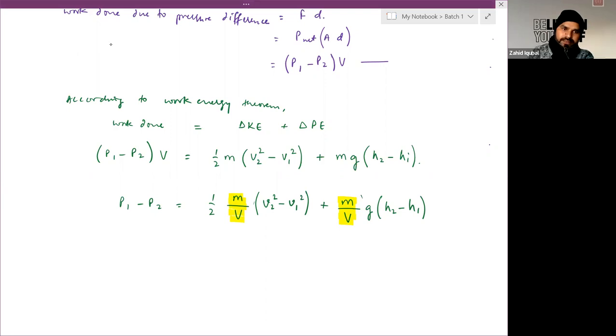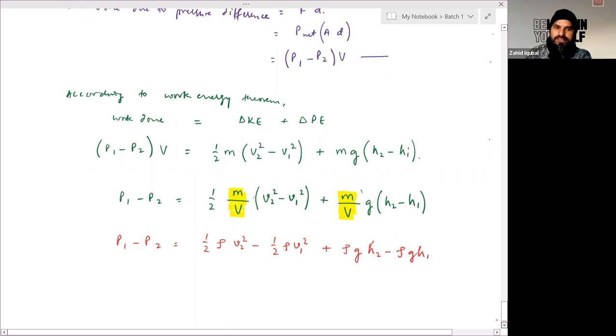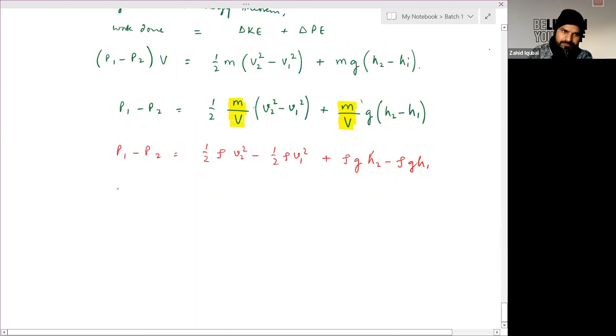So we may write P1 minus P2 equals half rho V2 squared minus half rho V1 squared plus rho g H2 minus rho g H1. Move the same terms to one side and the rest to the other side.